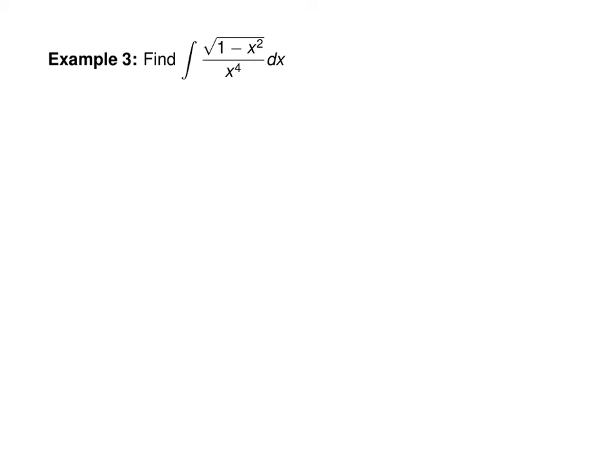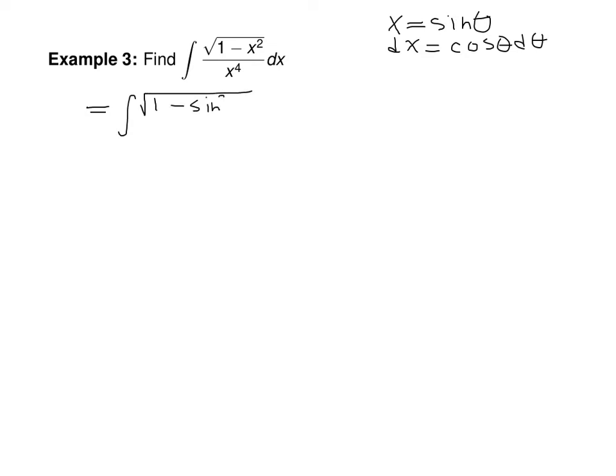Alright, for this one, let's let x equal sine theta. dx will equal then cosine of theta d theta. And subbing everything in, I have the integral of root 1 minus sine squared of theta multiplied by cosine theta d theta, over sine to the 4th of theta.